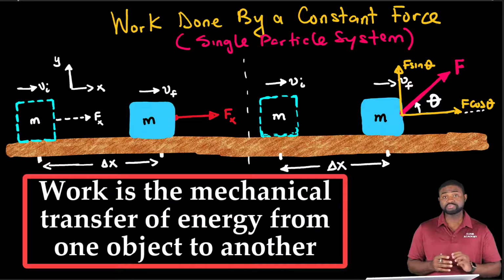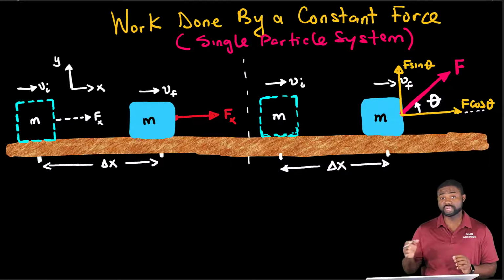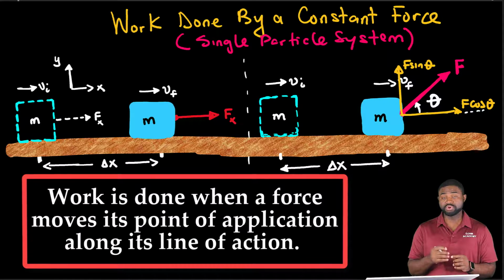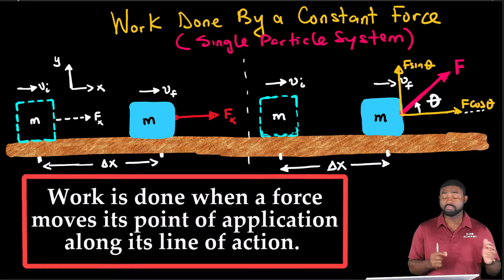Work is done when a force moves its point of application along its line of action. Let me say that again. Work is done when a force moves its point of application along its line of action. In other words, if there is no displacement of the point of application of the force, then no work is done.